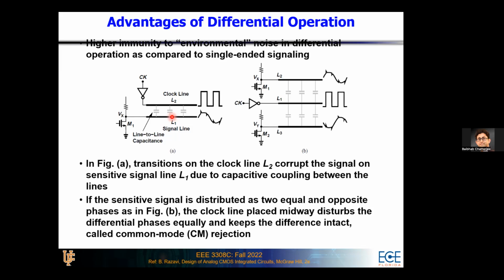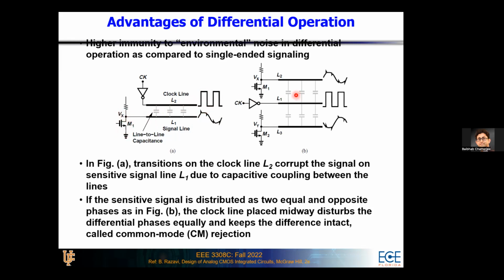That capacitance is parasitic. It does not exist as a physical capacitor, but it exists as a parasitic component. Now, because of this parasitic capacitive coupling, what you'll see on the signal line are these ups and downs as the clock signal goes up and down. This is called interference. So your clock line will interfere with your signal line. That's what will happen for single-ended signaling.